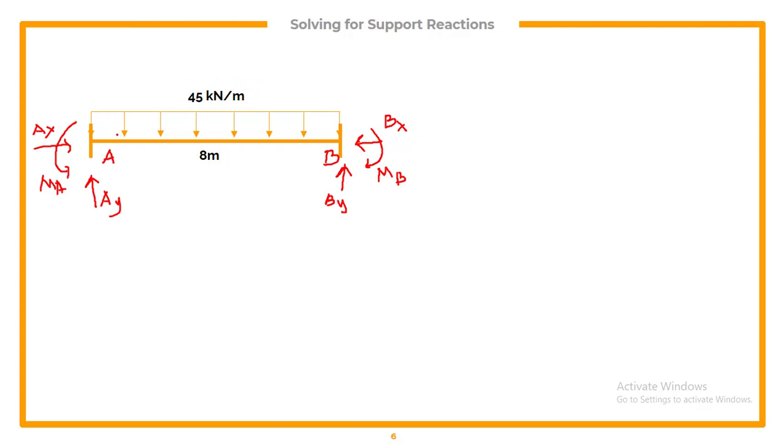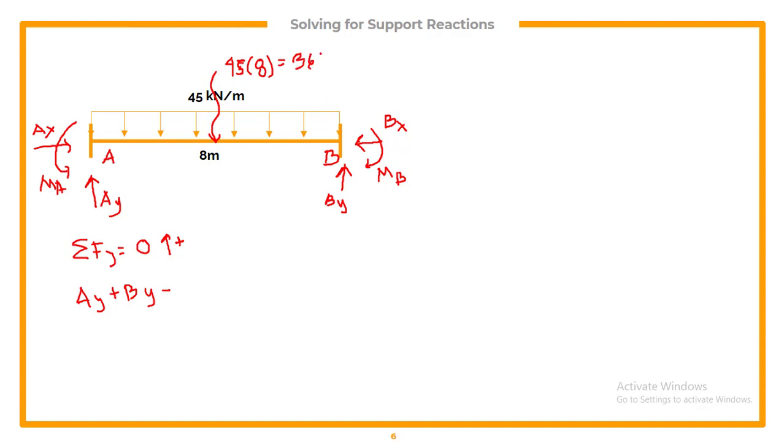Therefore, the vertical reactions from the left and right will be equal. Summation of forces in y is equal to 0, with going up as positive. So AY plus BY minus the load. The distributed load can be transformed into a point load: 45 times 8, which is 360 kilonewton.